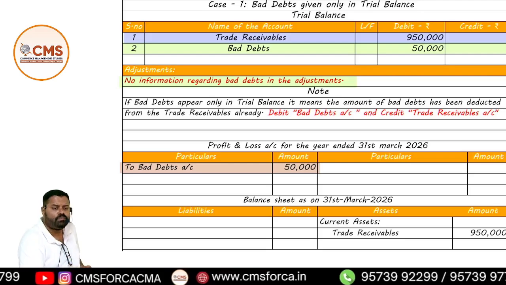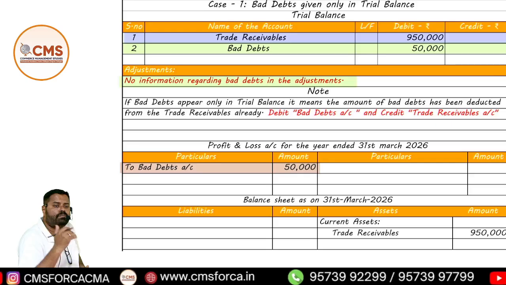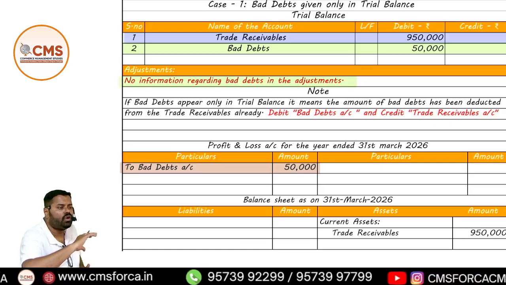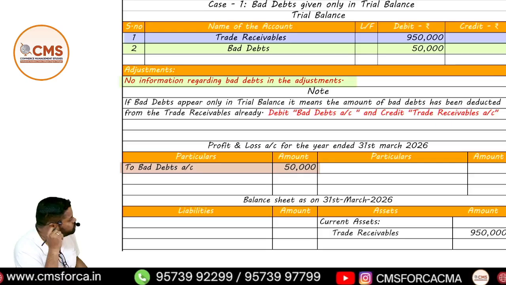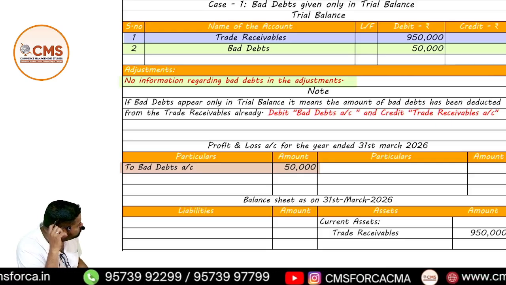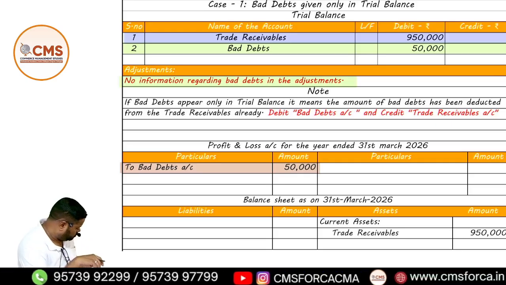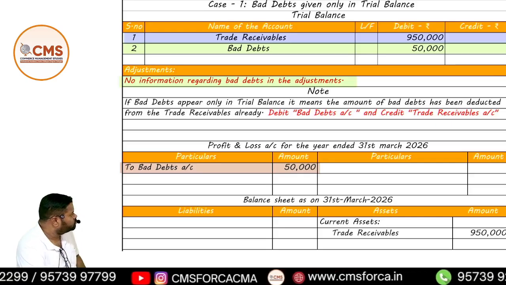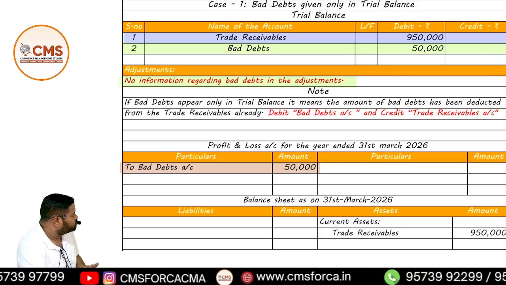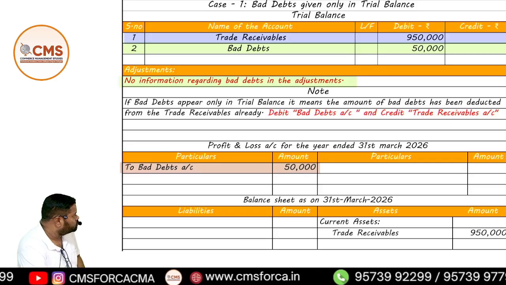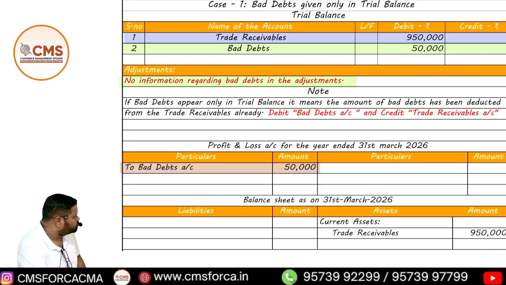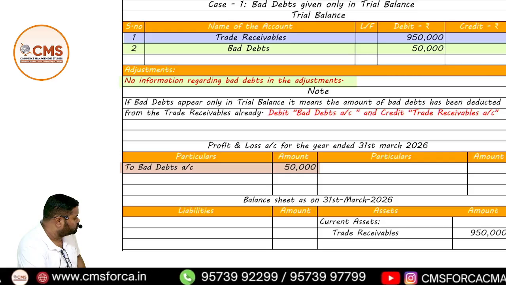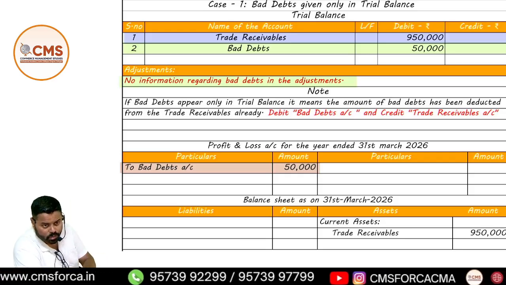Okay. Timing is important. What is the timing that you should understand? Is it done before trial balance or is it done after trial balance? If you understand that thing, final accounts, you can solve any problem on final accounts. First scenario, is it clear?